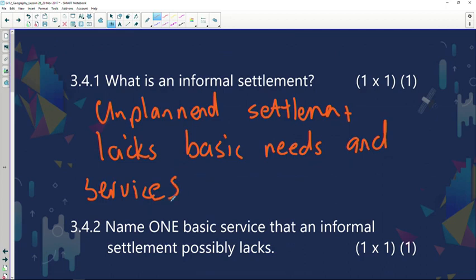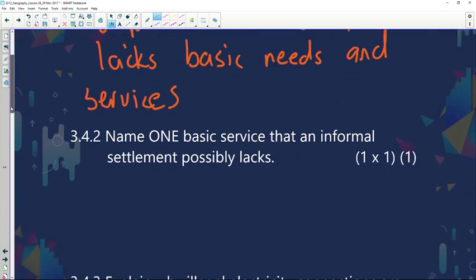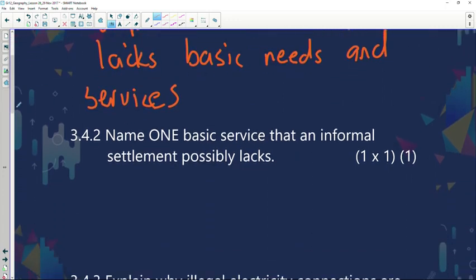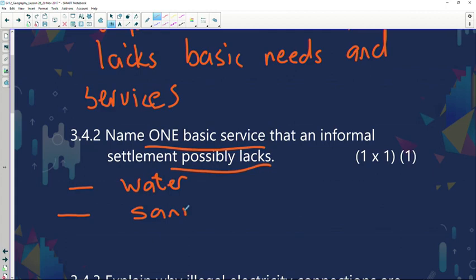Now, if you look at the next question over there, there's quite a few over there. Name one basic service that the informal settlement basically lacks. Drinking water. As you can see, the women had to go and fetch water. Sewage. Okay. Sanitation, that's a better term to use.